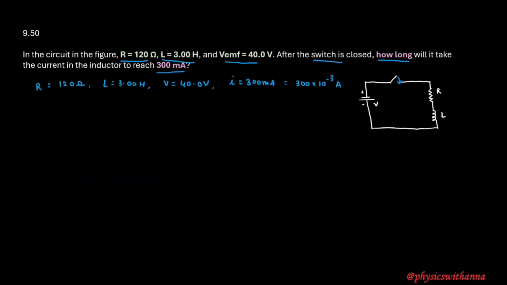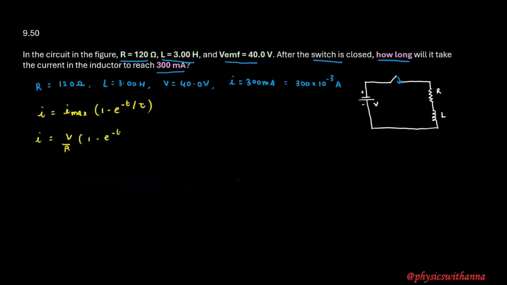So again we use the same rule. Since the switch is closed, the current in the circuit is increasing and we get I equal to I max times 1 minus e to the power negative t over tau. I max you can write as V over R, which is the maximum current.